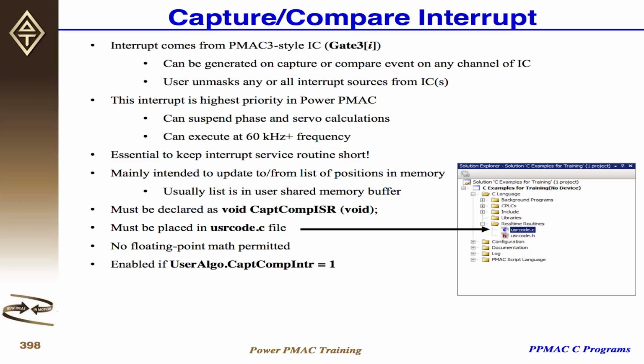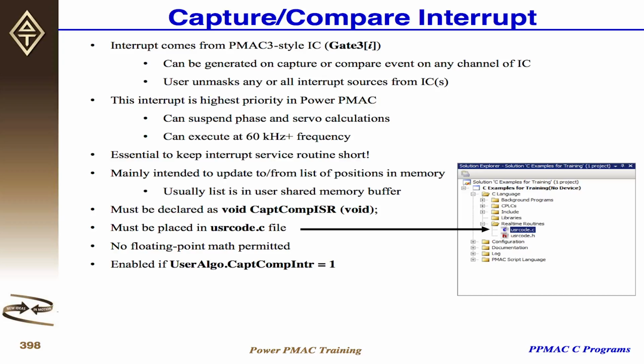The capture, compare, interrupt function is triggered on a capture or compare event on any channel of a PMAC 3 style IC. So PMAC 3 style IC is accessory 24E3 or any other Gate3 product you might find in the Brick series, for example. Those have Gate3s in them.